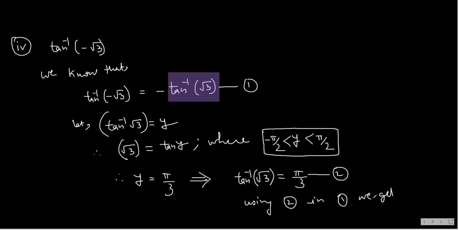We will get tan inverse of minus root 3 equals minus of tan inverse of root 3, which is pi by 3. So I substitute pi by 3 here, and get minus of pi by 3.